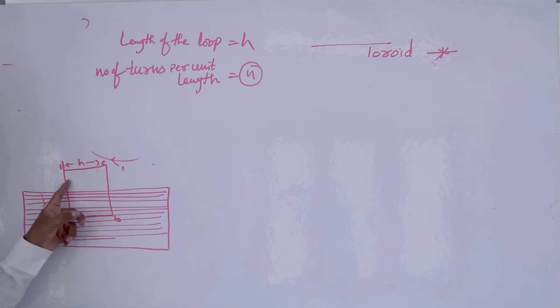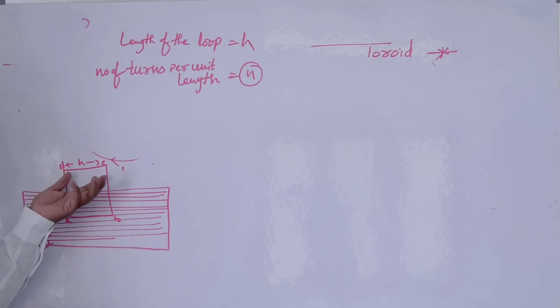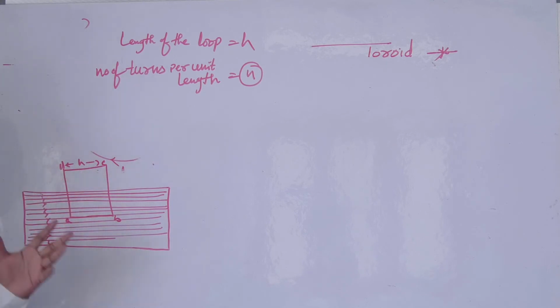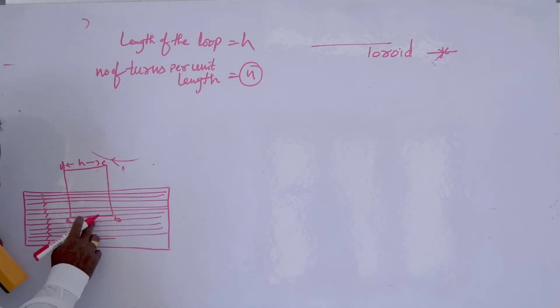In this loop, the side CD is outside, so its contribution, the magnetic field outside, is 0. The opposite sides' contribution is also 0. Already I said that the neighboring circular loops vanish. Only the side AB of this loop will contribute to the magnetic field.